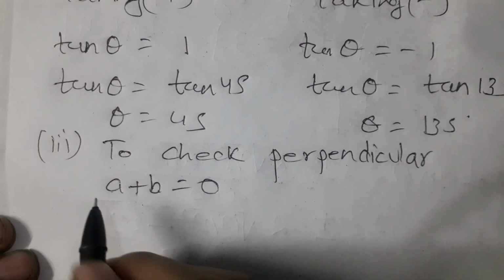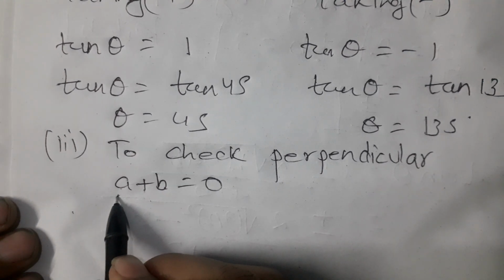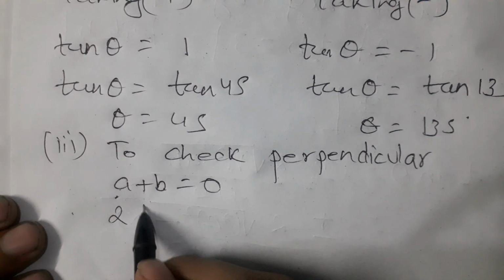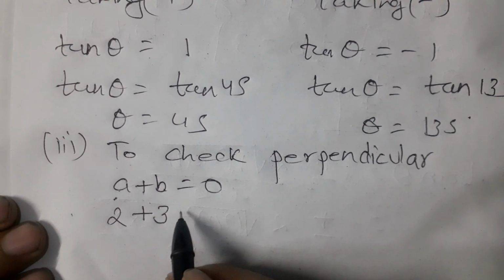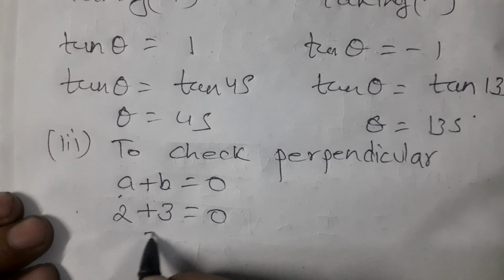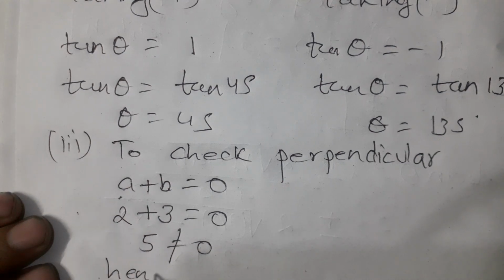Okay, this is for perpendicular. Now let me check. So what was the value of our a in the question? It was 2 and b was 3, and the condition is not getting satisfied. You can see 5 equals 0, so it is not, hence it is not perpendicular.